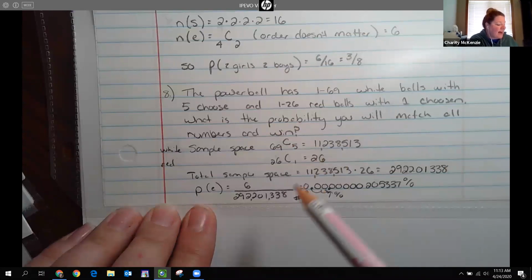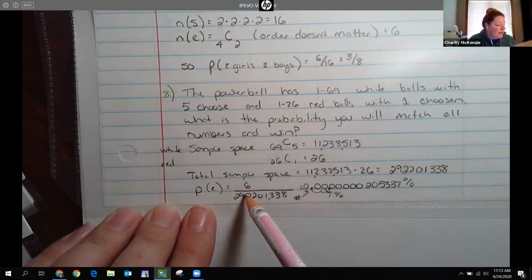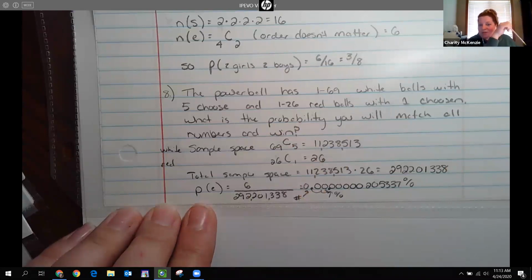Now, for the top number, we're going to pick 6 total balls out of all those combinations. Oh my goodness, that's so small. So I just said this is the number, 0.000. This is for the percent, moving it 2 places. Not very likely to win the Powerball.